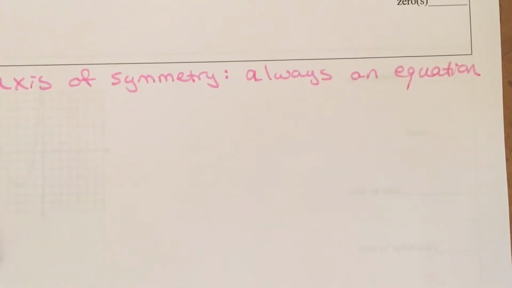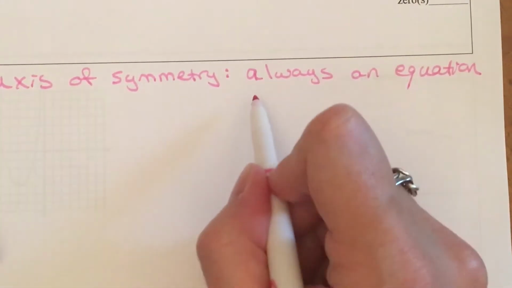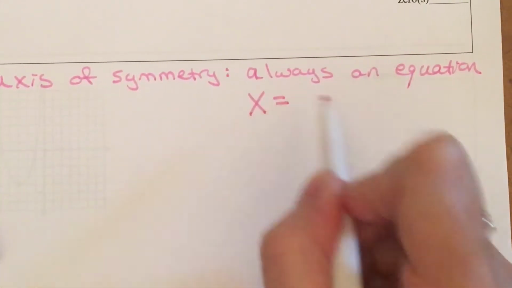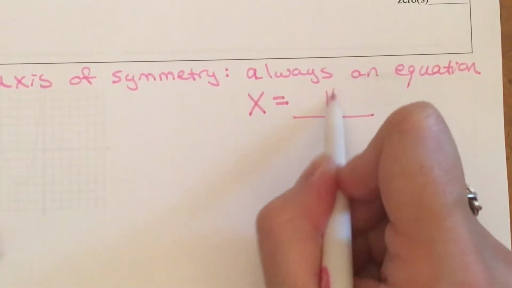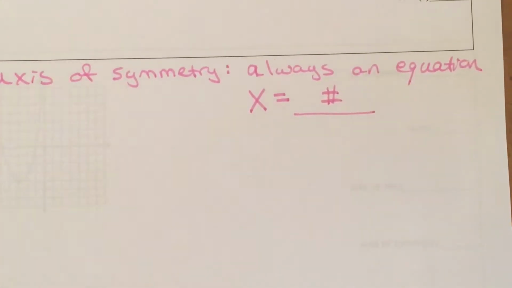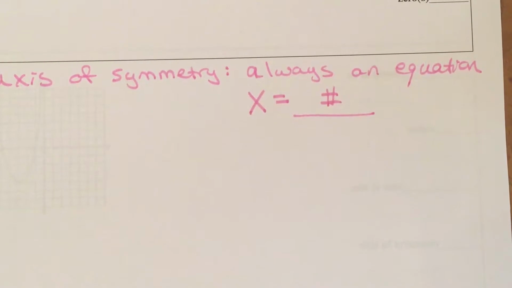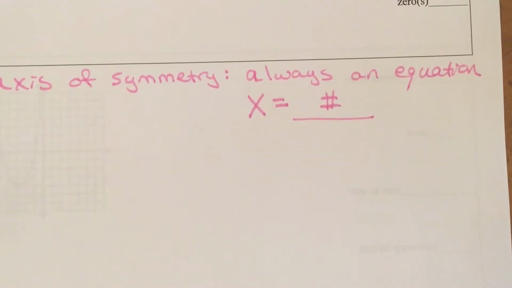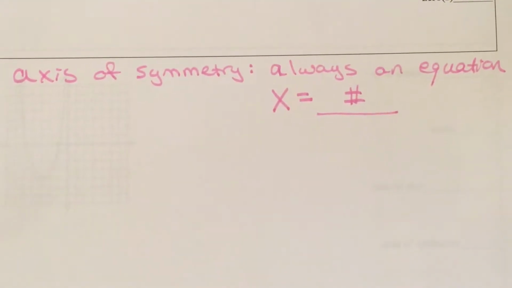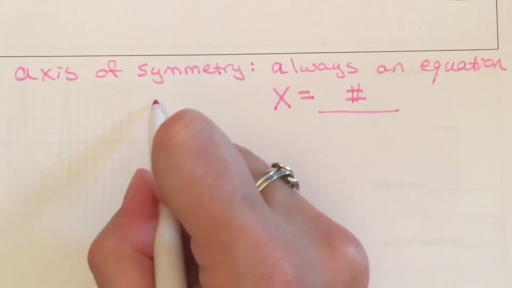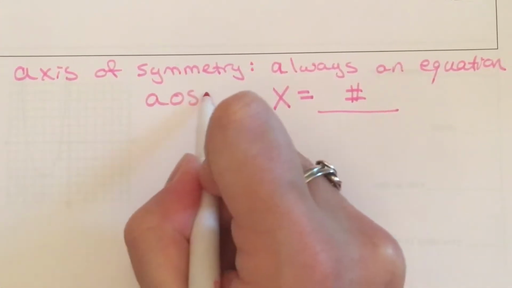It is always an equation where it is x equals some number. It's a very simple equation, but you need to know that it is an equation. And finally, we abbreviate the axis of symmetry as the AOS.